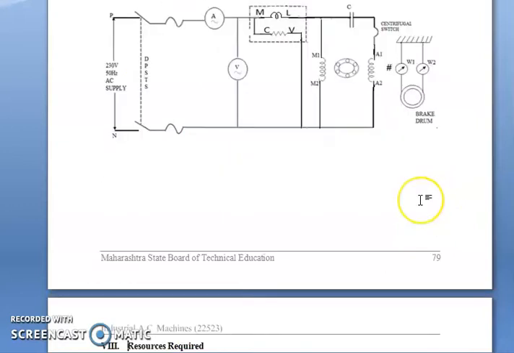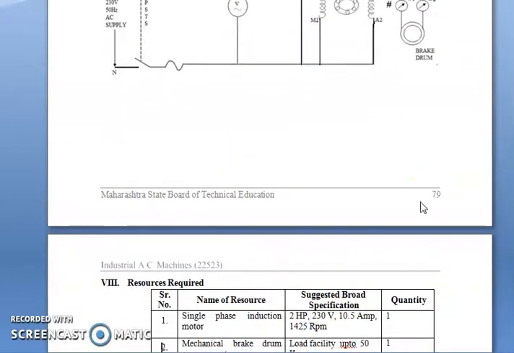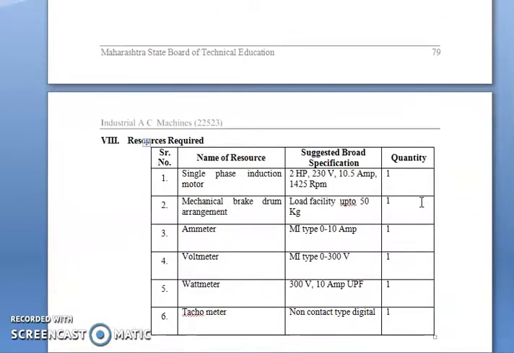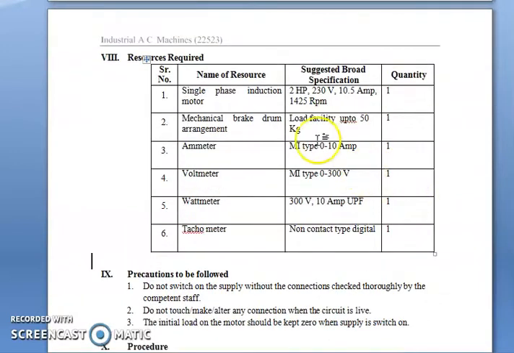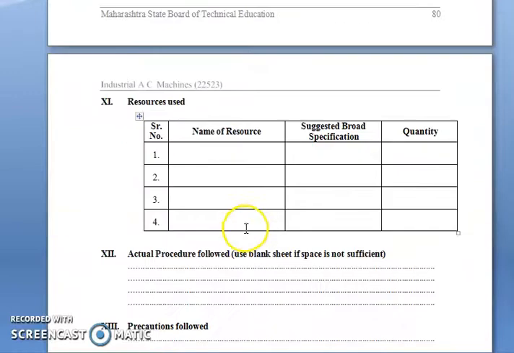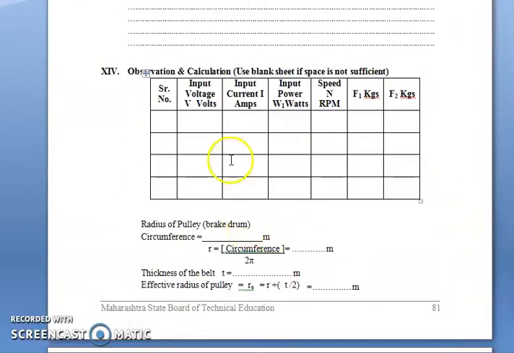Now we will see the resources required to conduct this experiment. Basically, a single phase induction motor, mechanical brake drum arrangement, ammeter, voltmeter, wattmeter, as well as a tachometer for speed measurement. Now we'll look at the observations and calculations.